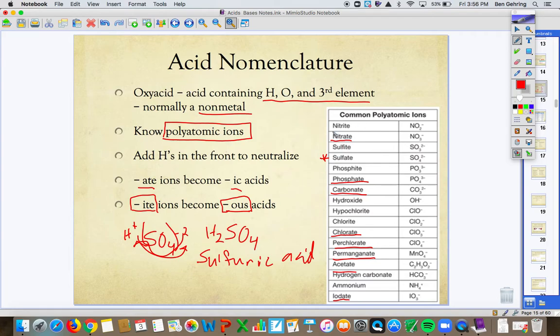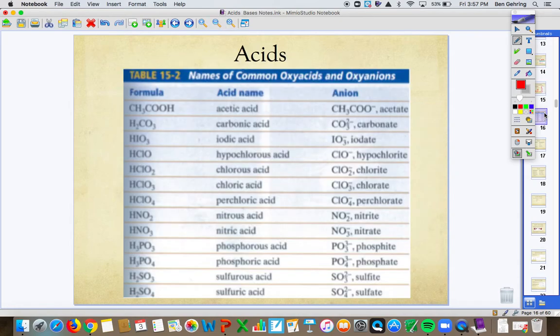For example, nitrite becomes nitrous acid. Sulfite becomes sulfurous acid. Phosphite becomes phosphorous acid. Hypochlorite is hypochlorous. Chlorite is chlorous. That's kind of my naming way to remember the names.